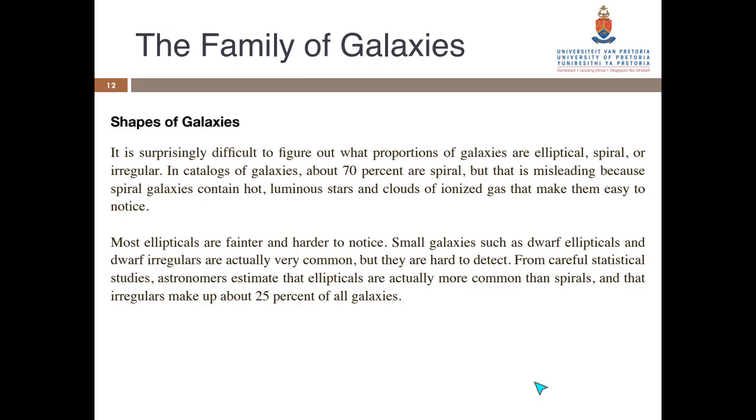Small galaxies such as dwarf ellipticals and dwarf irregulars are actually very common, but they are hard to detect. From careful statistical studies, astronomers estimate that ellipticals are actually more common than spirals and that irregulars make up about 25% of all galaxies.